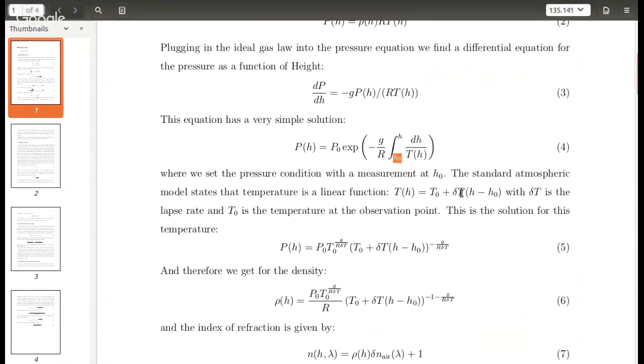In principle, I could put in extra effects, not just a linear profile, these weird atmospheric effects, and get a different profile, which my code does. It solves this for an arbitrary temperature profile. But we're mostly going to be concerned with this linear profile. And here, delta T is the lapse rate, how fast the temperature changes with height.